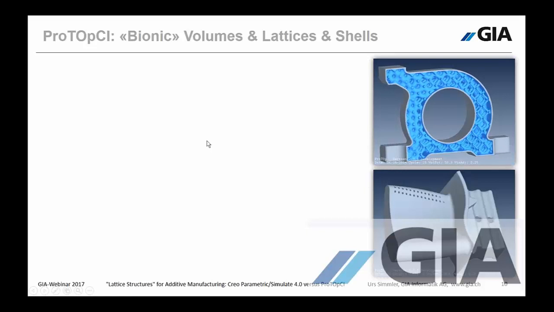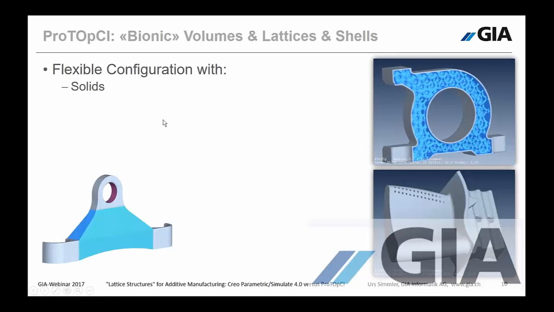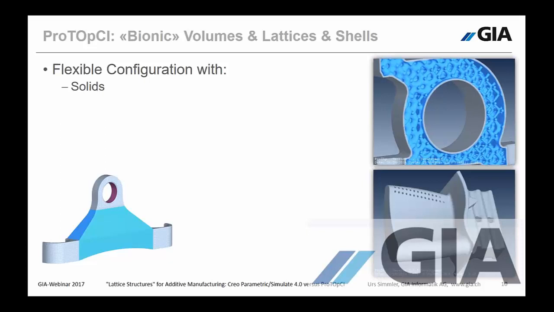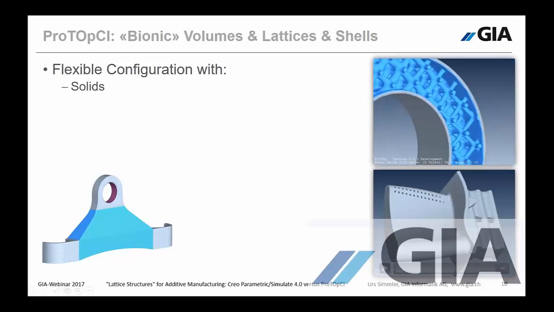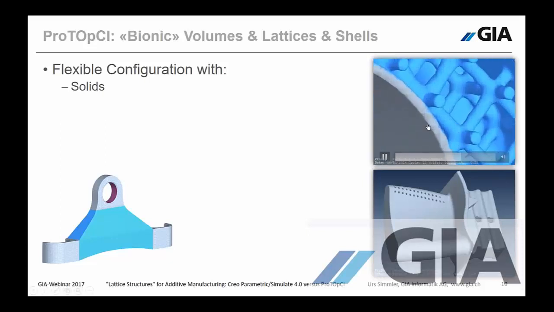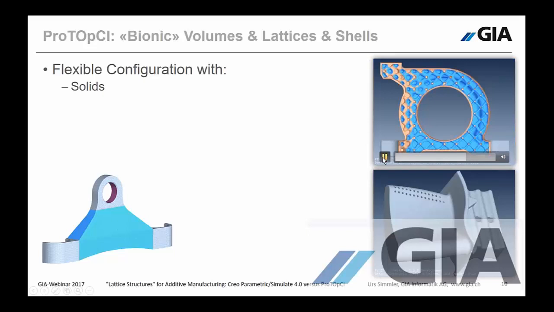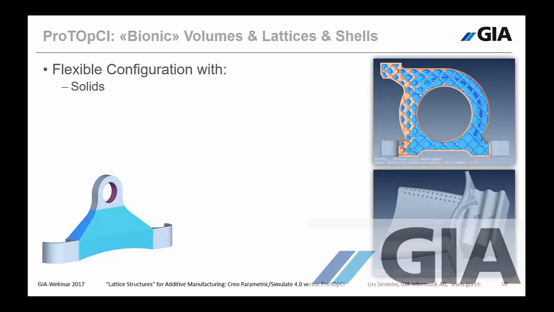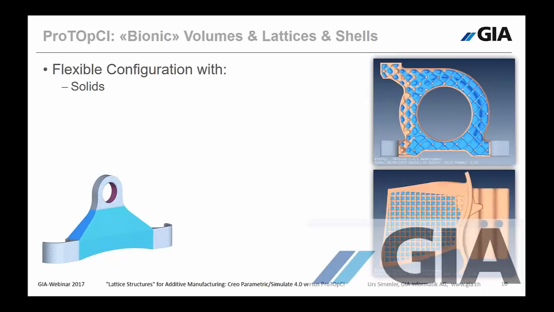So that means with that capability we can create a flexible configuration in order to get a lightweight bionic part. Here there is another example of a turbine blade, how we can create inside the turbine blade some meaningful lattice structures.